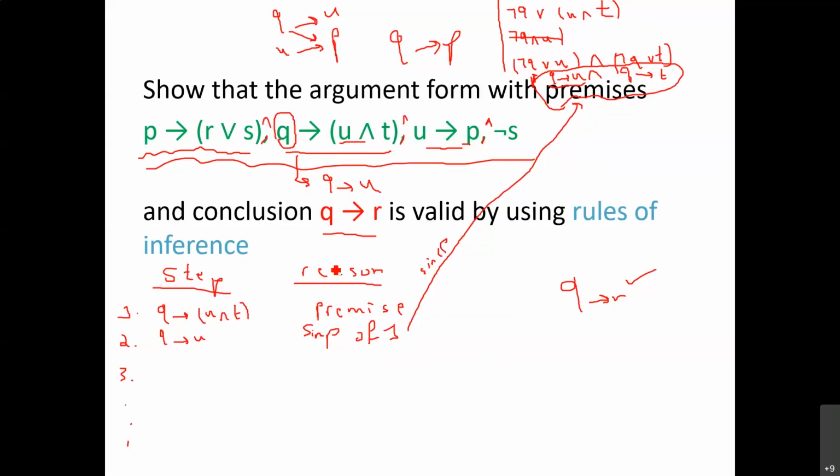Okay. Well, I'm just gonna continue with my map that I built. So I said Q is gonna go here to U, and U goes somewhere, which is P, and P is gonna reach R, which is what I want. So I keep going. U implies P. That's a premise.